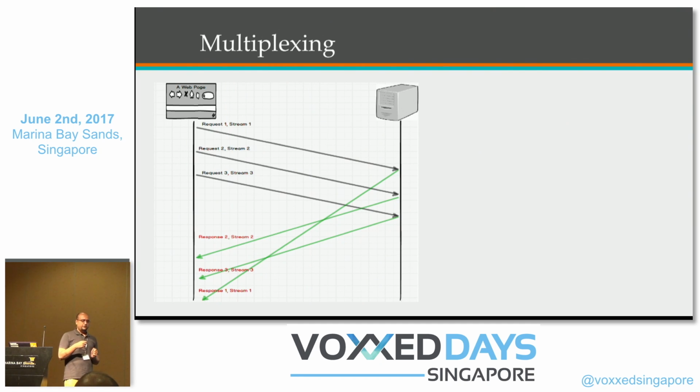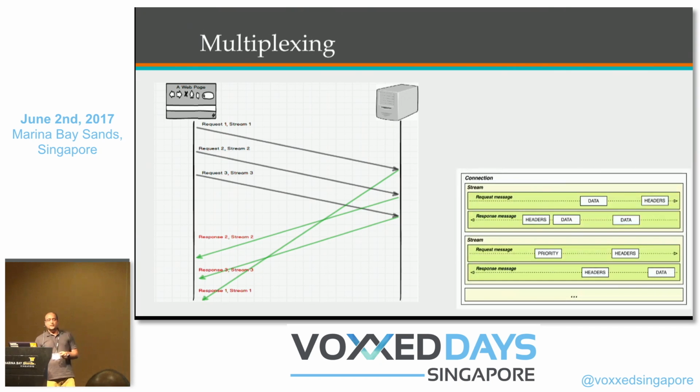For example, your request is divided into frames. For request and response, the frames are data and header frames. But there are other types of frames as well, like settings frame, window frame, push promise frame. But these are all related to other features of HTTP.